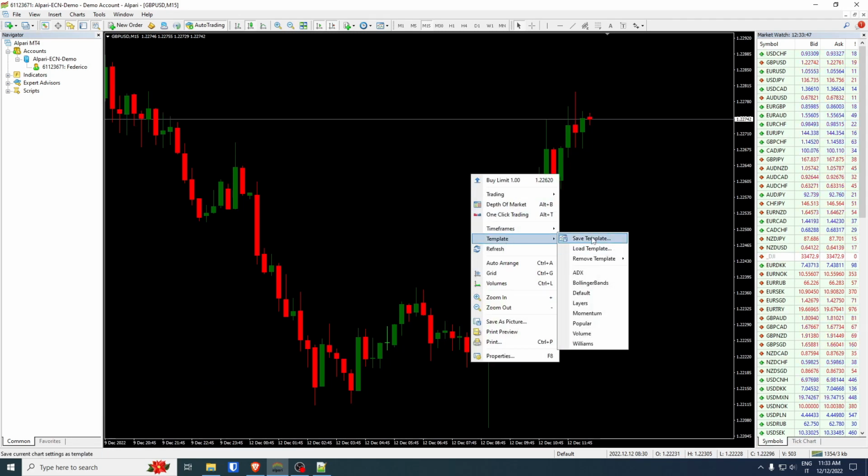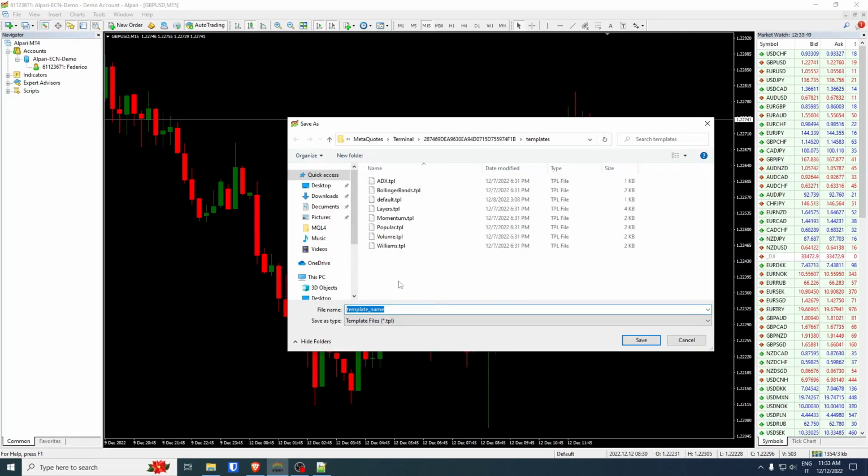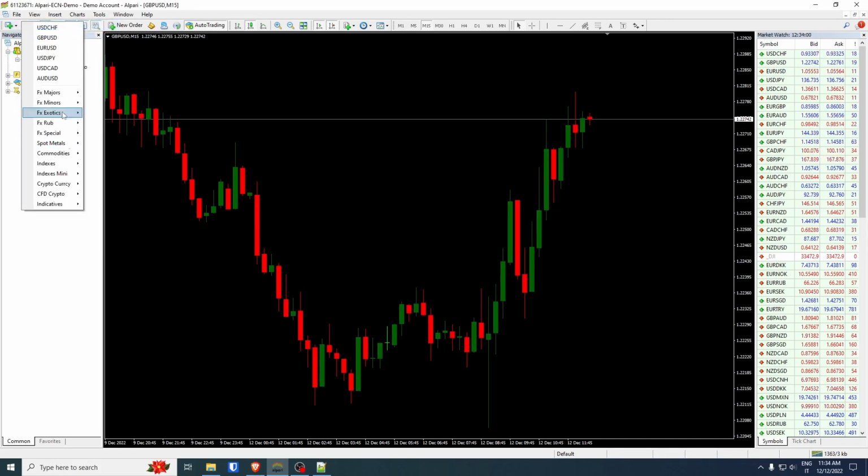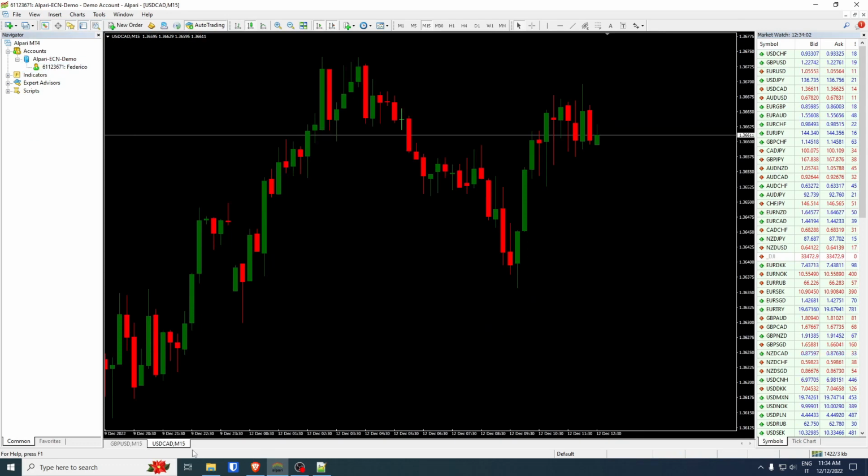So for doing that, we have to go Save Template. You have to write default, just default, save, and so every time you open a new chart, it will open the chart with the same properties as the default template.